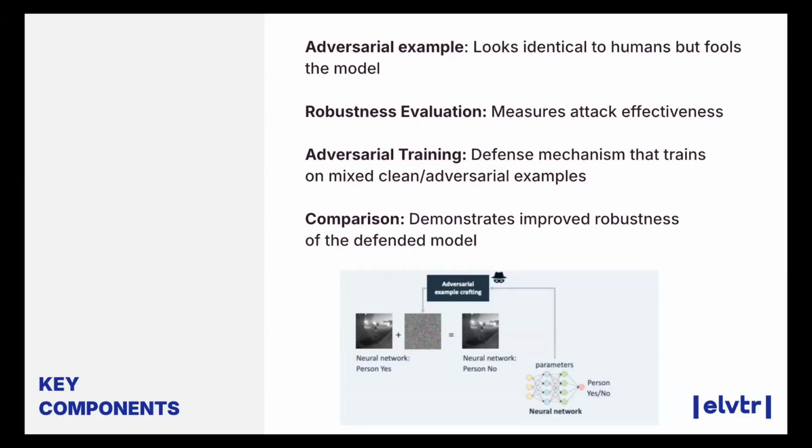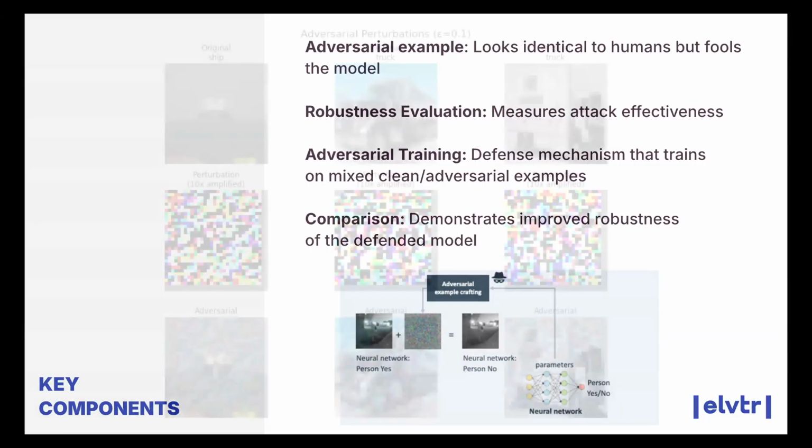Then we look at robustness, which is how often attacks succeed, and we need to measure that. We can also train our model using adversarial training, which kind of vaccinates it. It exposes models to the attacks during training so it can learn to recognize and resist them. Then we'll compare, using the scientific method, defended versus undefended models, and we can quantify the improvement.